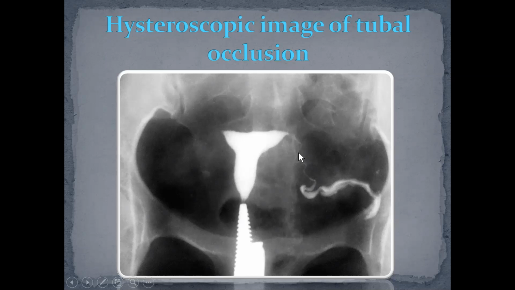And in this picture, we can see that the dye filled the uterine cavity and flowed through the left fallopian tube and into the abdominal cavity, but we cannot see the right fallopian tube. What does it mean? It means that the fallopian tube is closed. There is no possibility for dye to flow through the right fallopian tube.